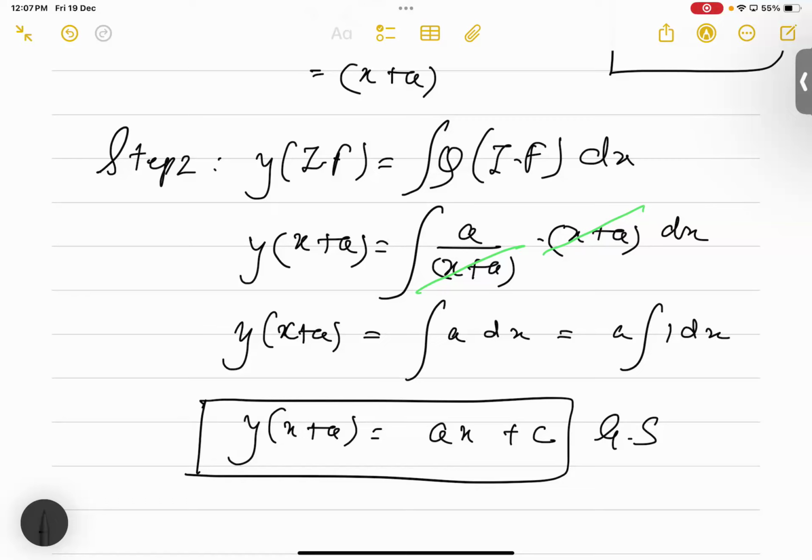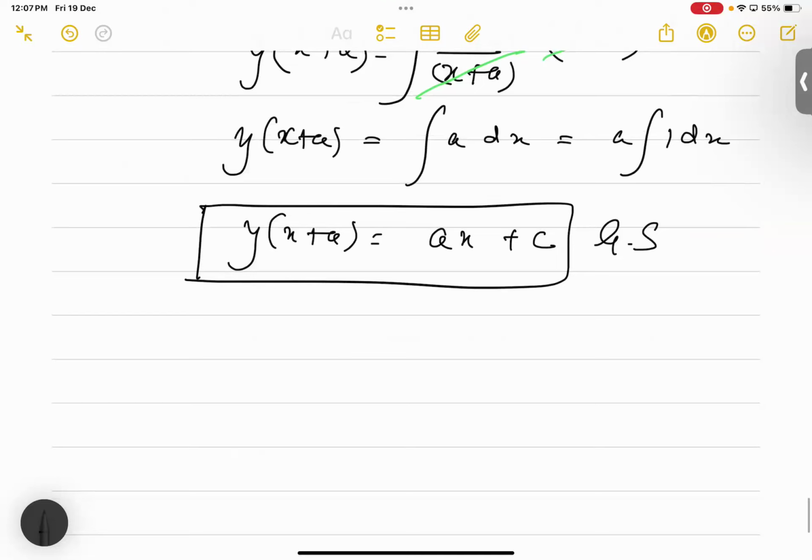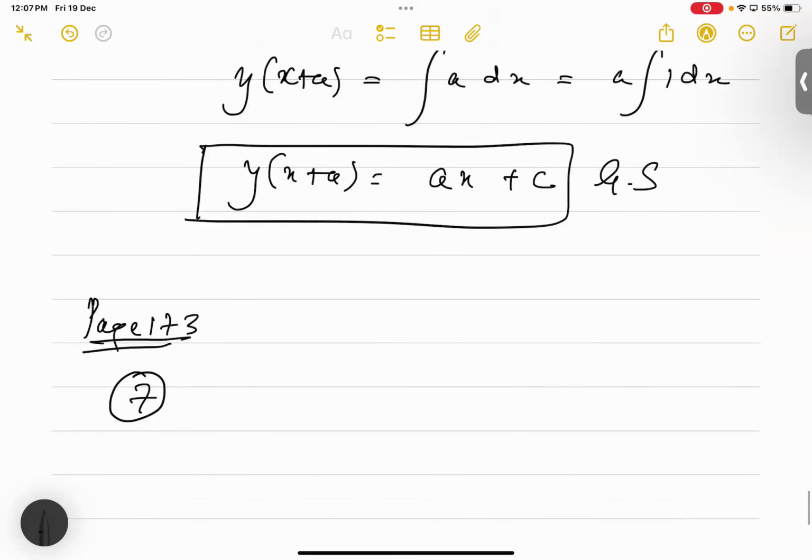Page number 173, question number 7. It's from that solve the following before activities. dy by dx plus 2 upon x into y is equal to x square.